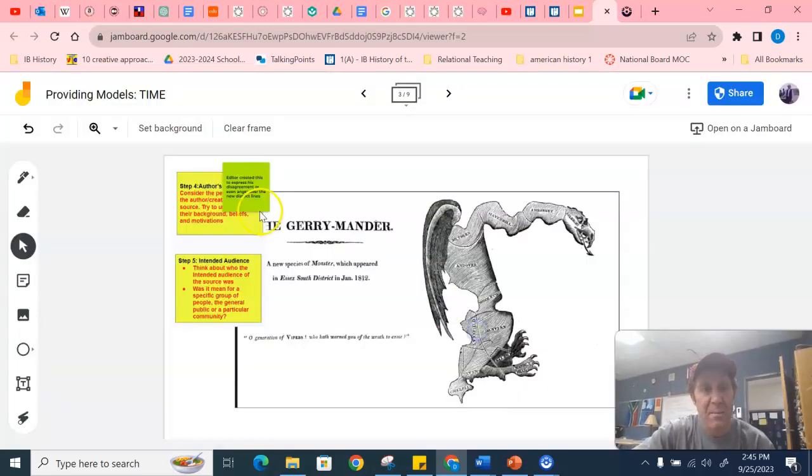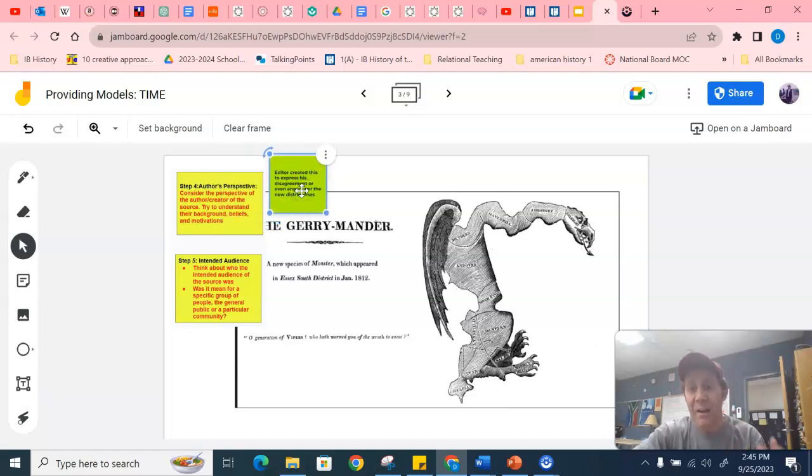That's what I'm inferring from the background information that I've been given, and some of the things that I'm noticing here as far as the title, a new species of monster, and who hath warned you of the wrath, of the bad things to come because of this district plan.